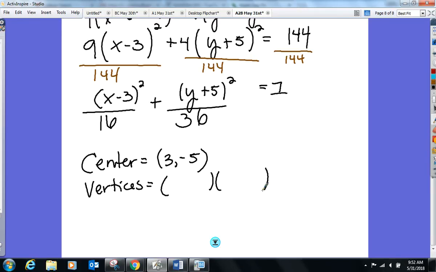What are your vertices from going 4 to the left and 4 to the right? 4 to the left gives you negative 1, negative 5. What about 4 to the right? 7, negative 5. Now your co-vertices.